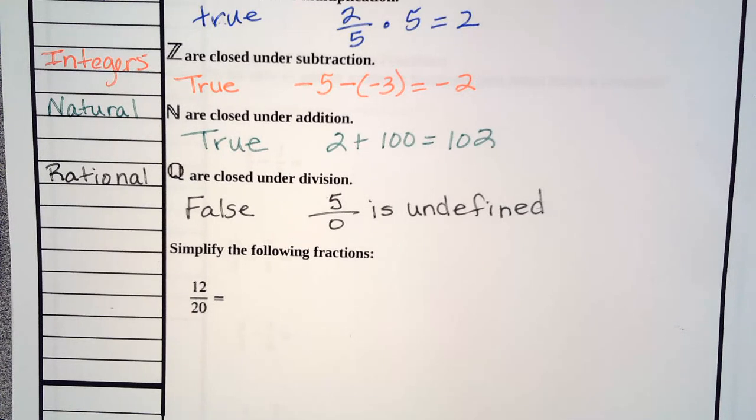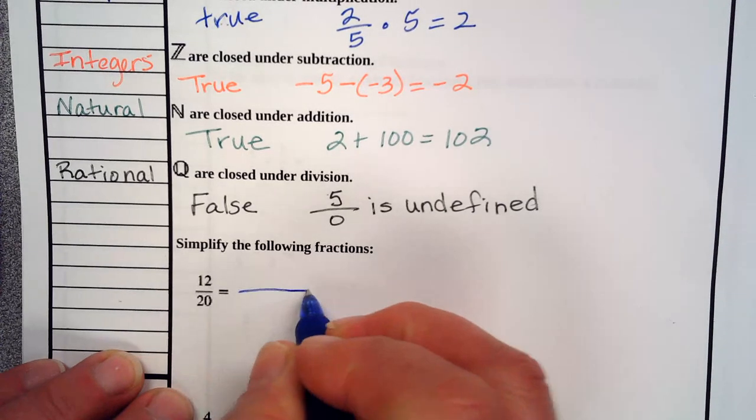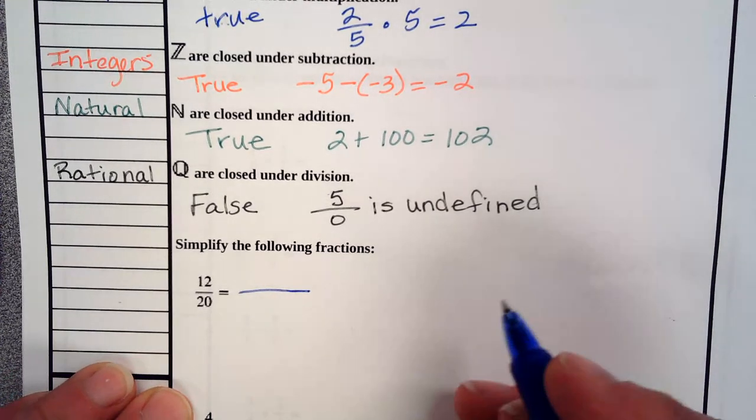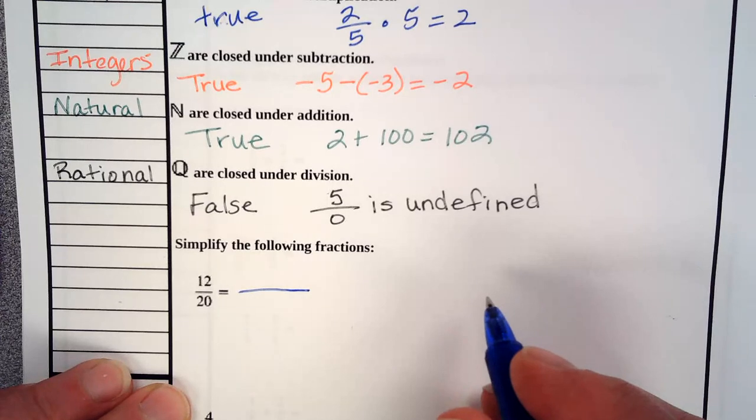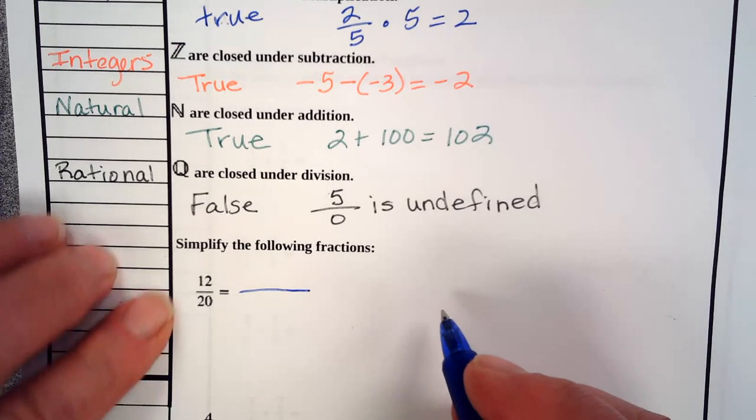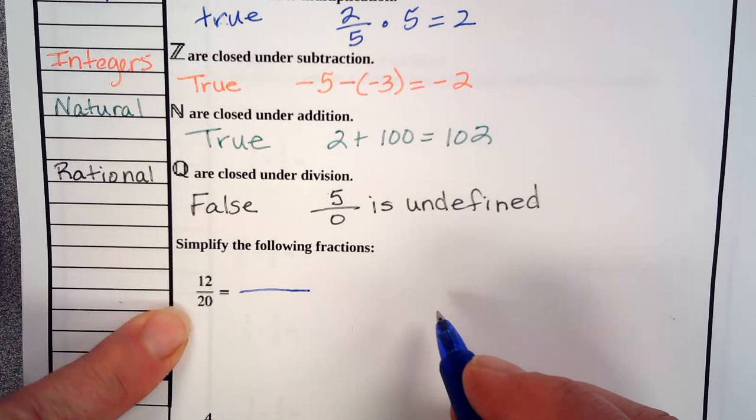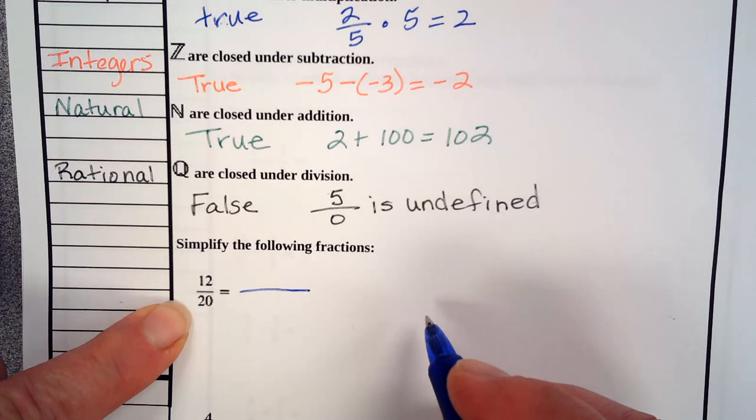Okay, so let's get down here to simplify. The first thing I always have to think of is, what are my factors of? Well, my factors of 12 are 4 times 3. Do I also have a factor of 4 in 20?